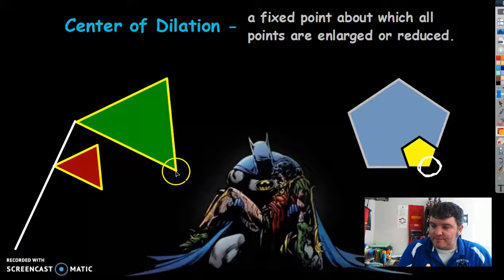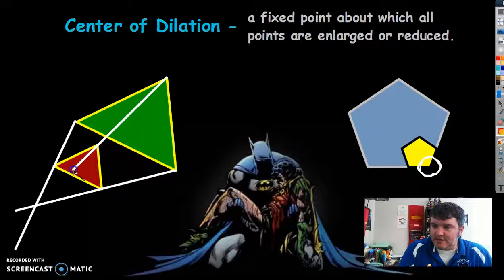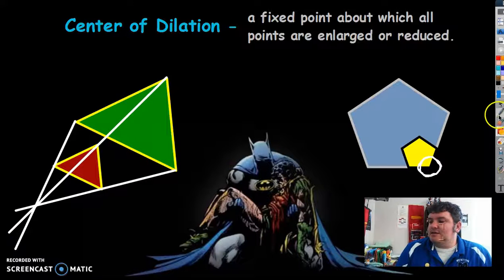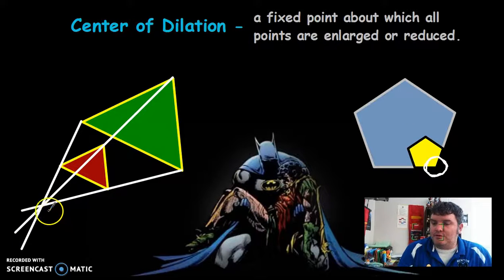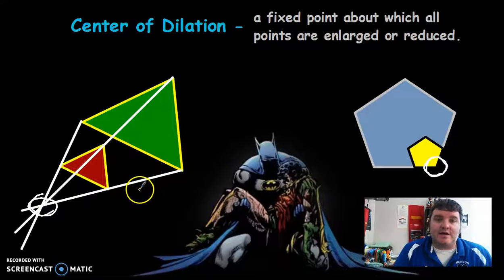Because what you're looking for is a point of intersection. And as you see with this last line here, again, big through the small, and then extend out, you can see that I have created a point of intersection, and that point of intersection is the center of the dilation.